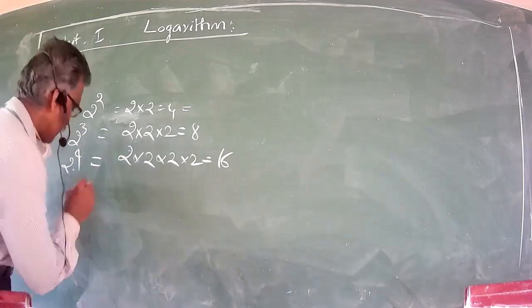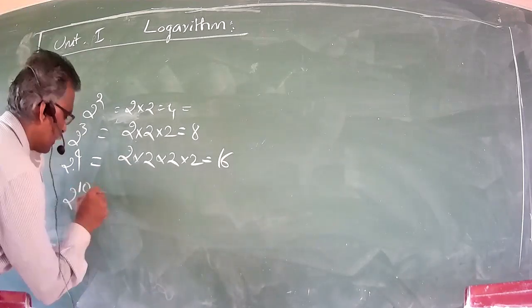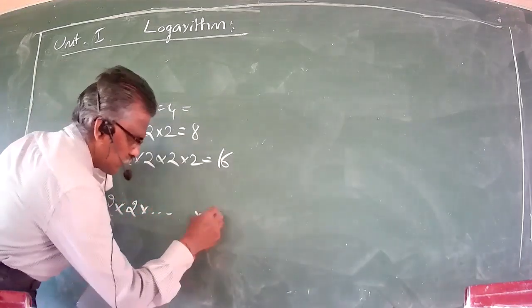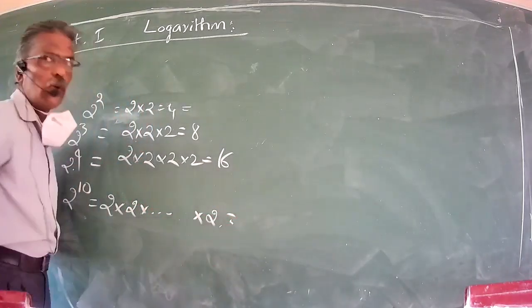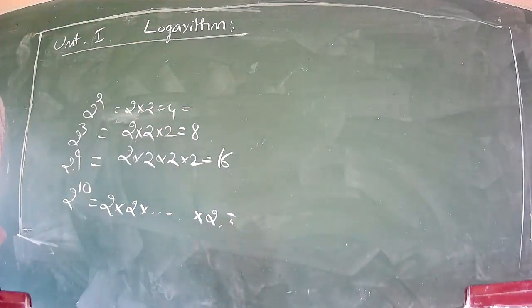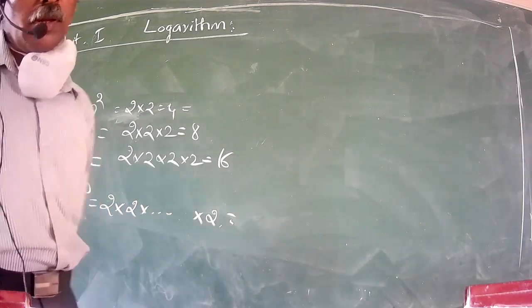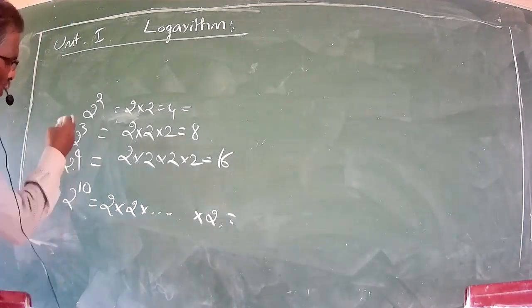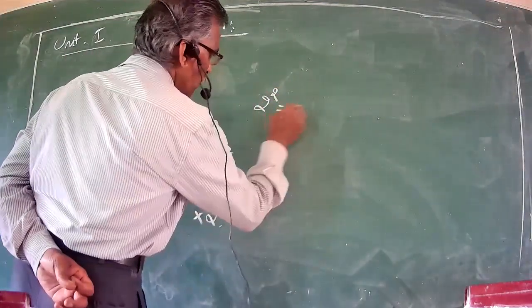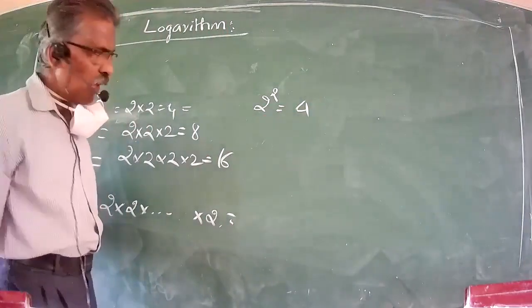Similarly, 2 raised to 10 equals 2 multiplied 10 times, so it is a big number and very difficult to calculate. So how do we use the tool, the logarithm? See, I can write this as 2 square equals 4.